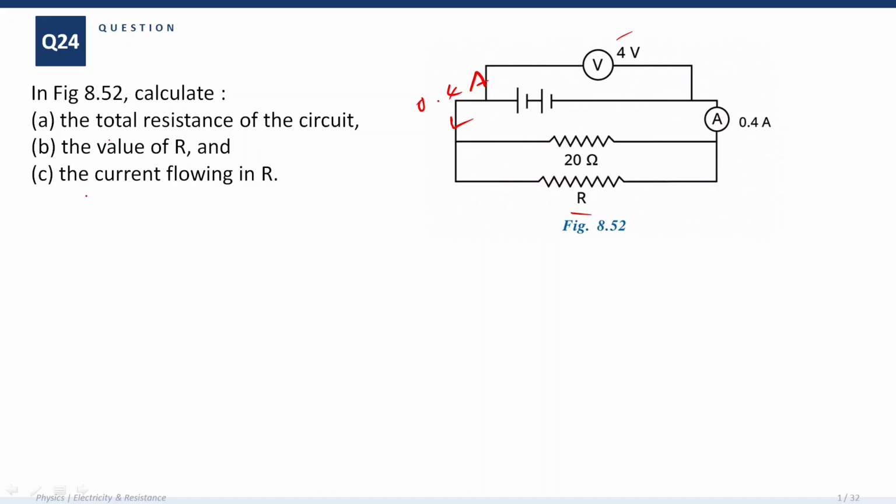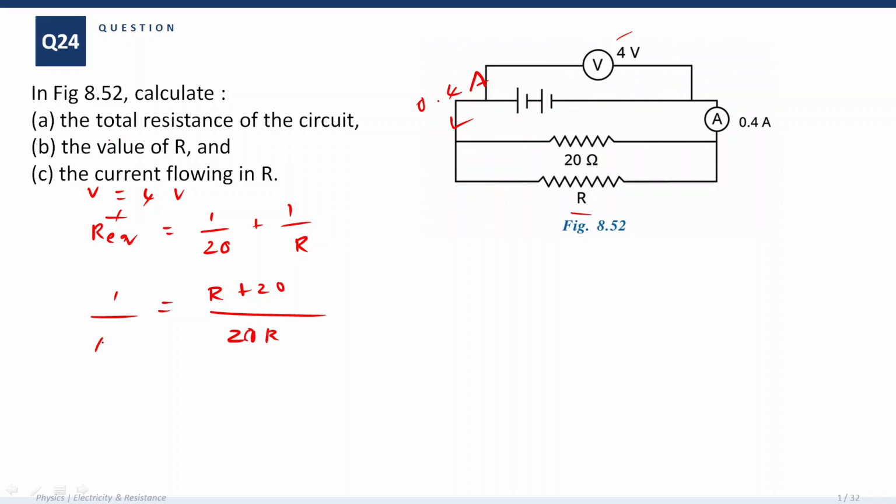First, I will find V equal to 4 volt. 1 by R equivalent equal to 1 by 20 plus 1 by R. That is R plus 20 by 20R.